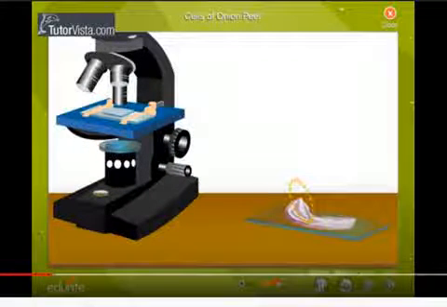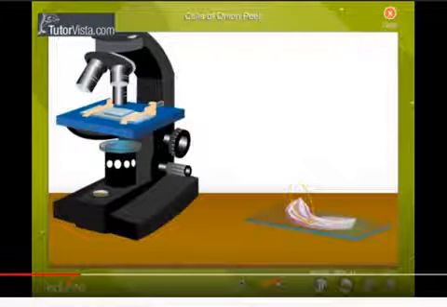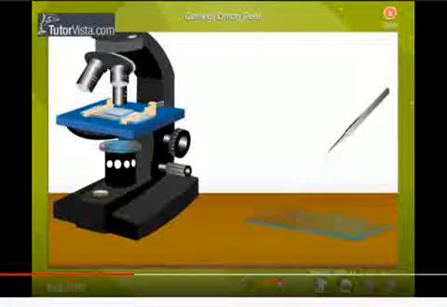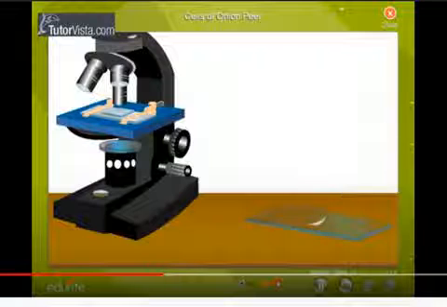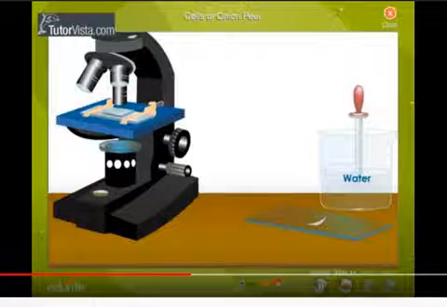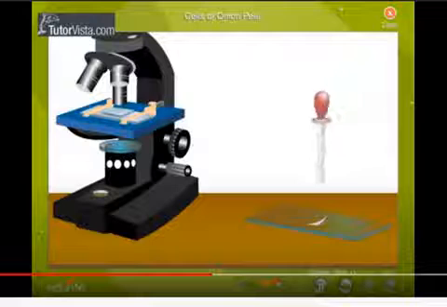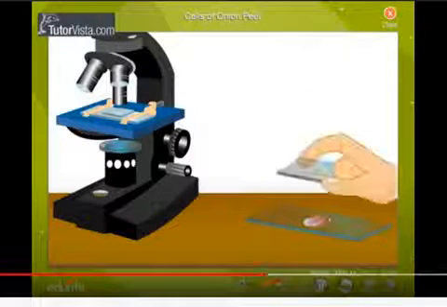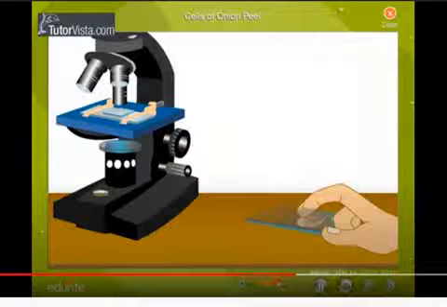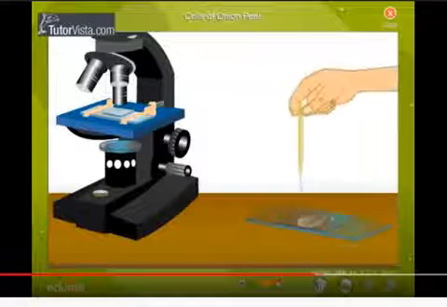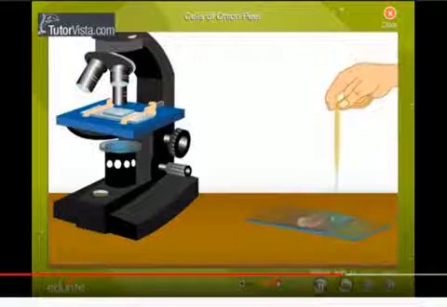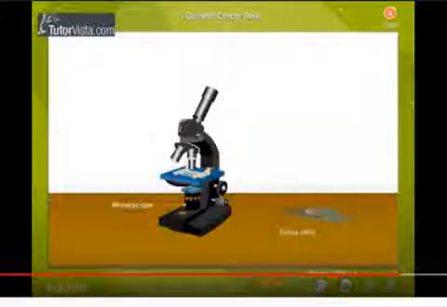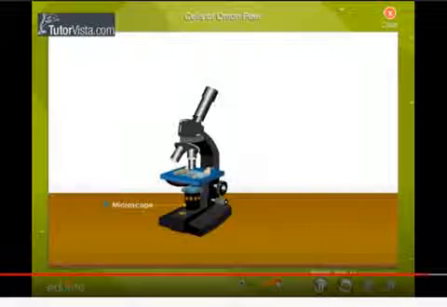Put a drop of water on it and add a drop of saffron. Cover it with a cover slip. Tap the cover slip with the needle gently to remove any air bubbles. Observe the slide under a microscope.